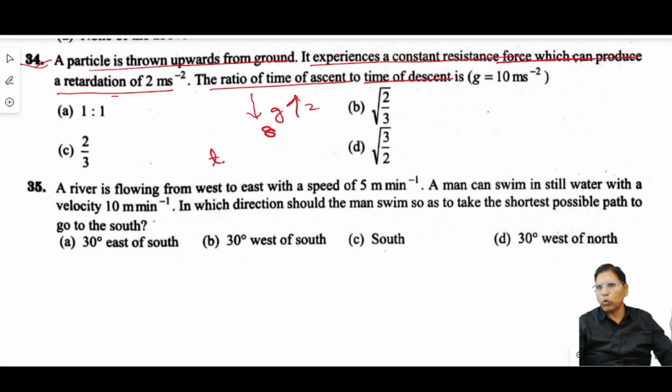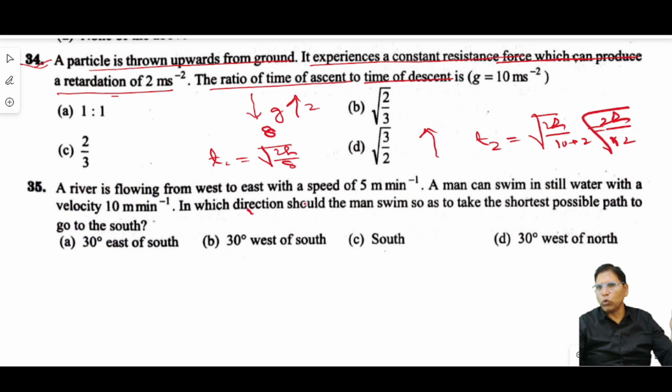So time of fall t2 equals root over 2h by 8. And during upward journey, the time of ascent t1 equals root over 2h divided by 10 plus 2, so this is 12.